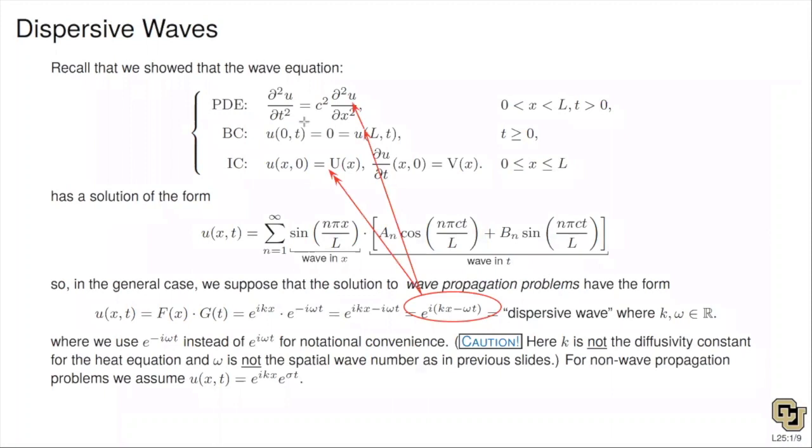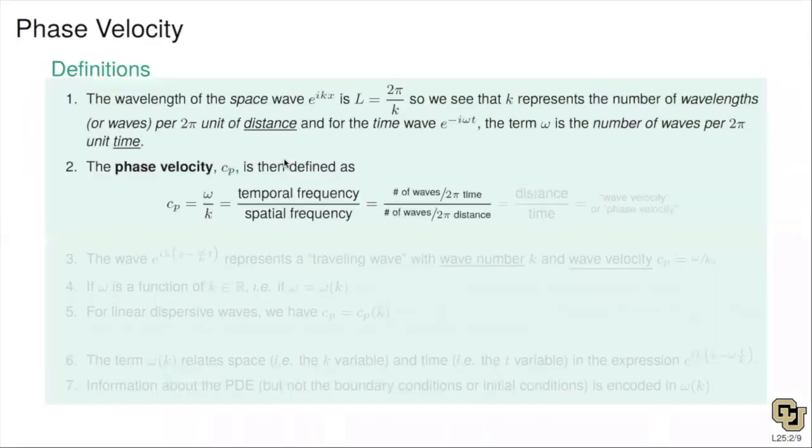If I assume this is a dispersive wave situation where omega is a function of k, I then want to just solve for omega. Once I solve for omega, I can plug it into this form here, and we have the solution, a formal solution at least. So that's what we'll do next time.